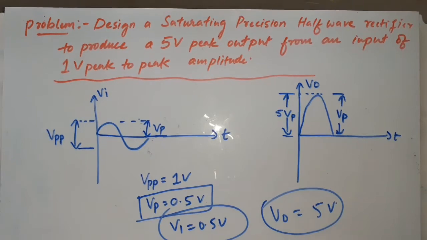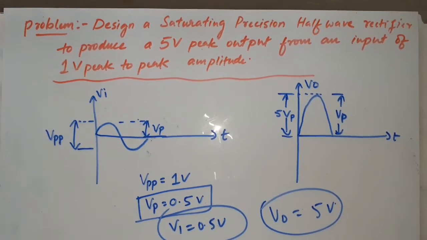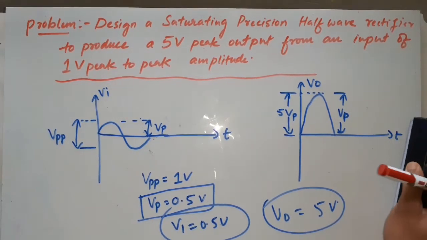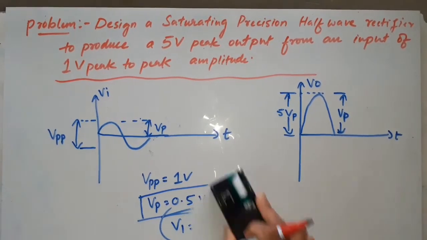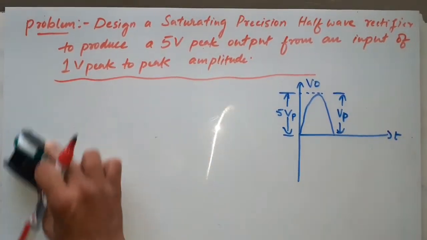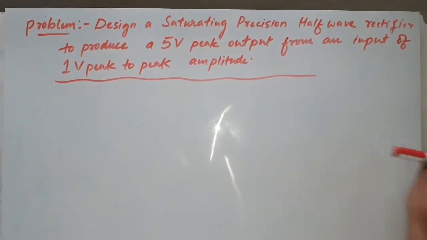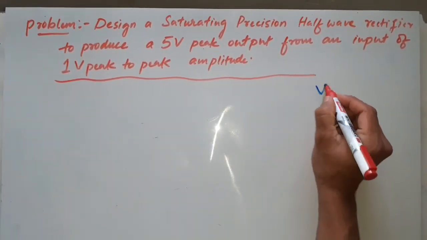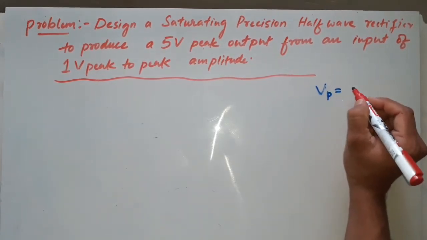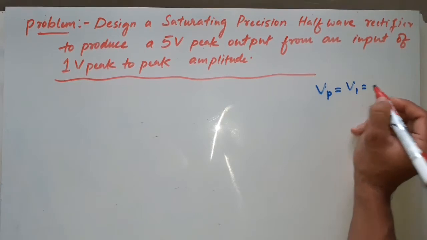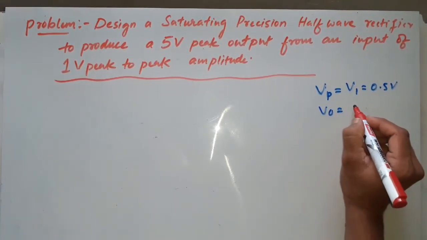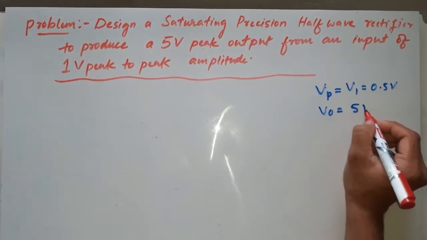Keeping this in mind, let us draw our circuit for saturating. V peak, nothing but V input, is 0.5 volts and V out is 5 volts, right?